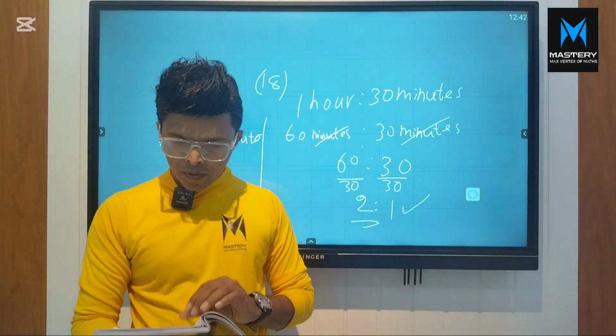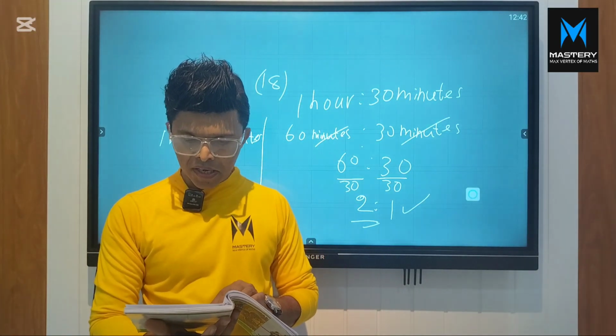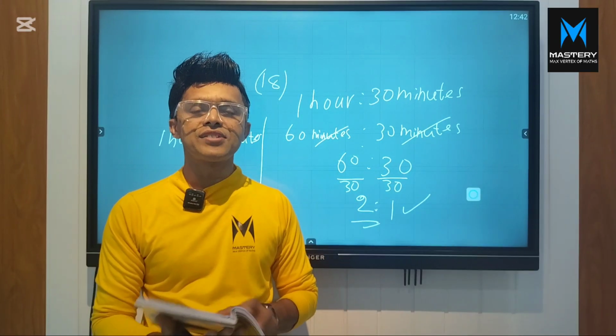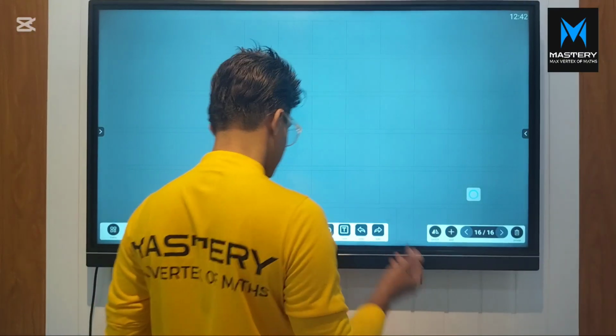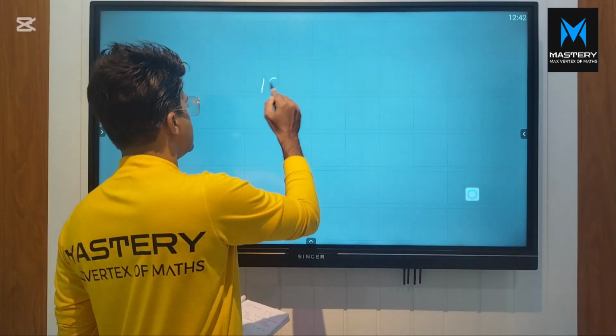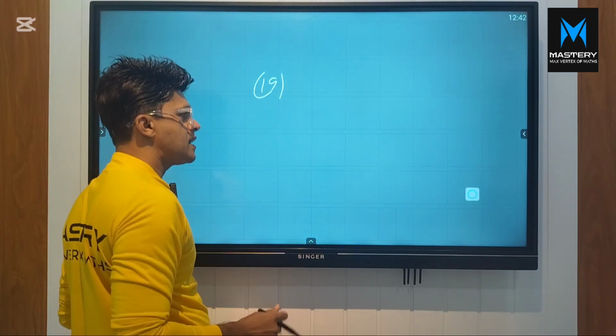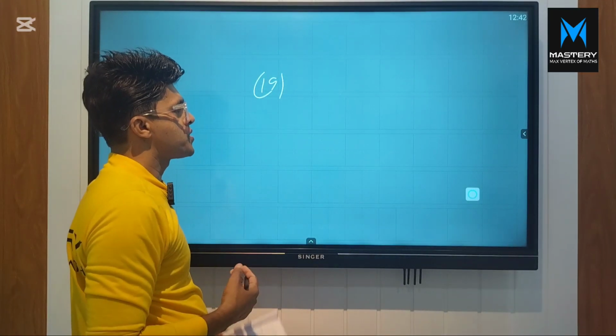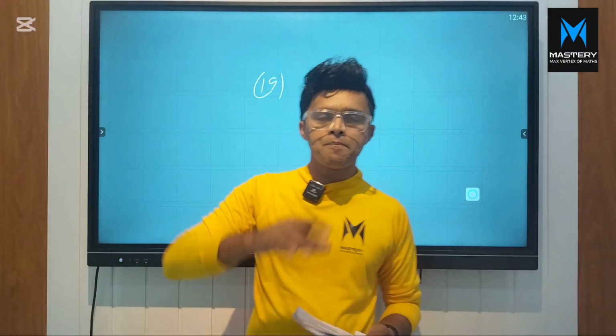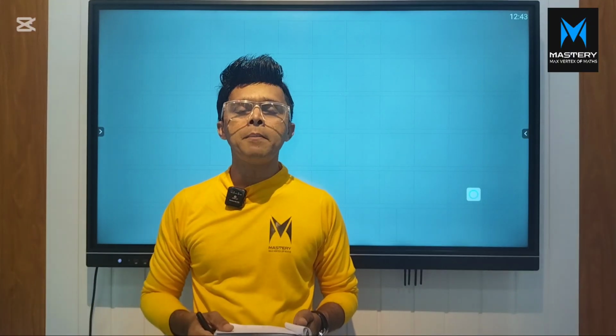Okay. So the 19th question: find the HCF of 6 and 8. How do we find the HCF of 6 and 8? To get the HCF of given values, generally we write the given values as a product of prime numbers.